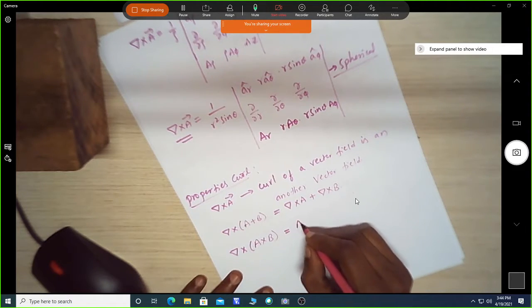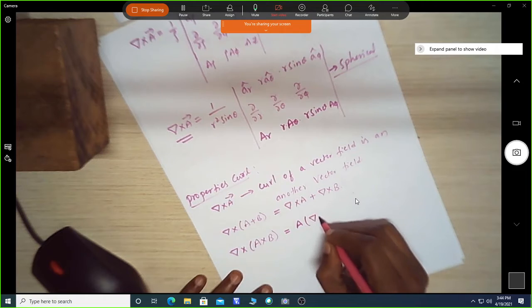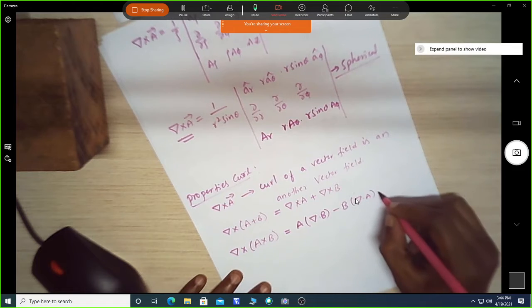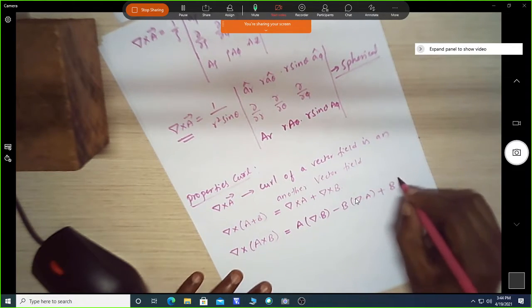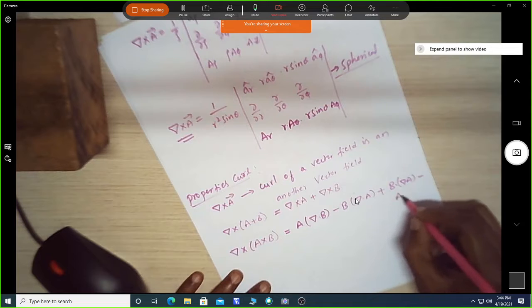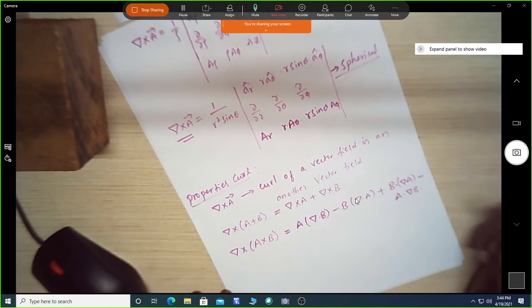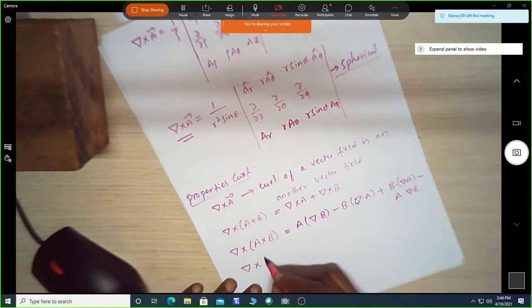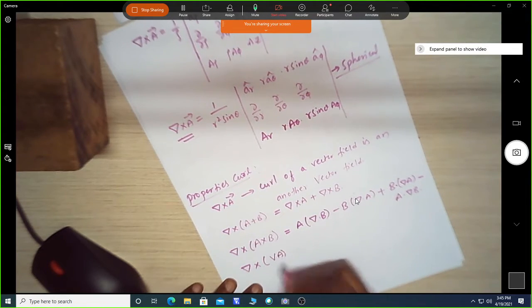So we can define it as A of del dot B, minus B of del dot A, plus B dot del A, minus A dot del B.